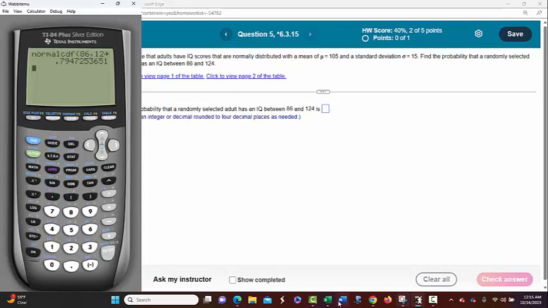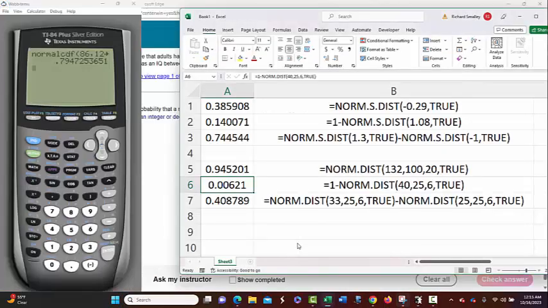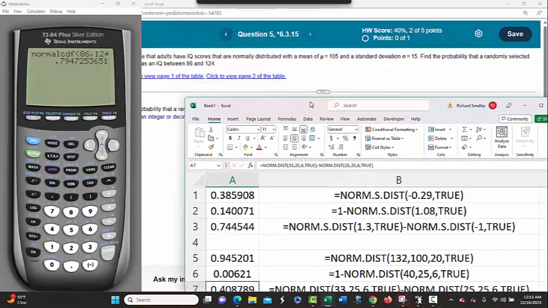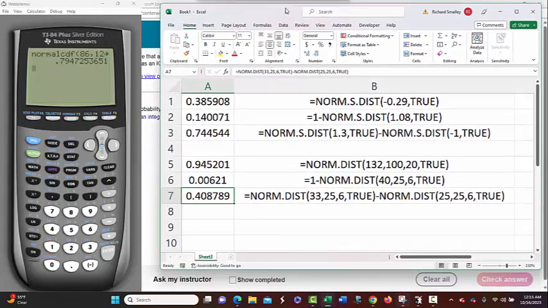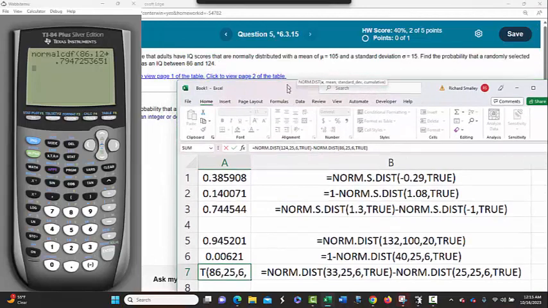All right, let's see if we can match that in Excel. It's going to be the bottom one, because that's when you're between two numbers. Upper's 124. Lower's 86. And then the mean 105 and 15.